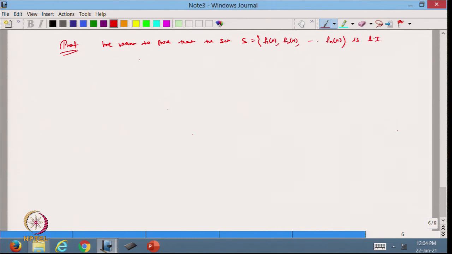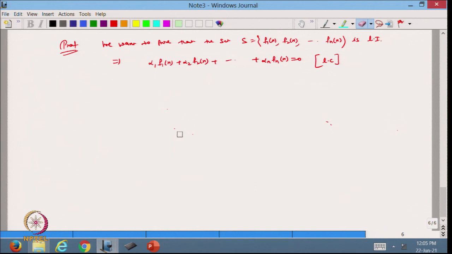Suppose I have functions and I want to show linear independence. So, I will take some scalars, and I can write alpha 1 f1(x) plus alpha 2 f2(x) plus ... plus alpha n fn(x) is equal to 0. So, this is the linear combination I have taken and I am putting it equal to 0.